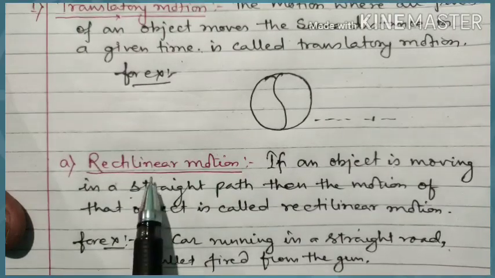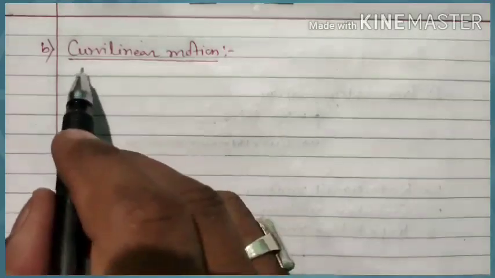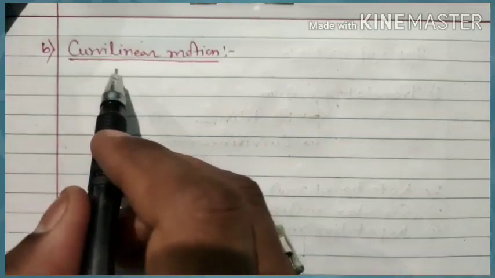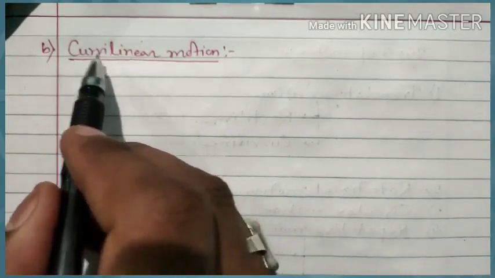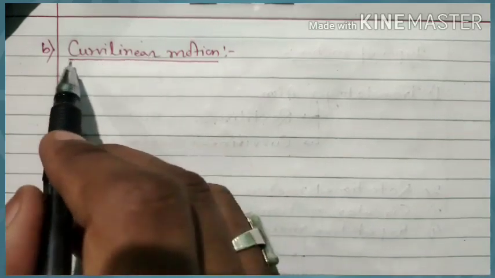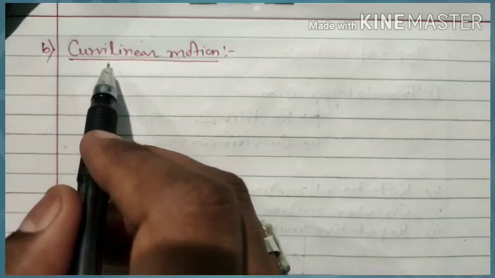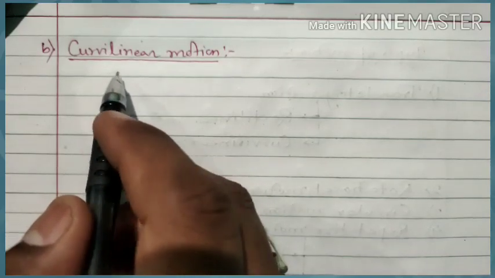Next we will see curvilinear motion. Let us first define this motion. By its name, curvilinear, curvy means a curved path. We can define it: the motion in a curved path is called curvilinear motion.